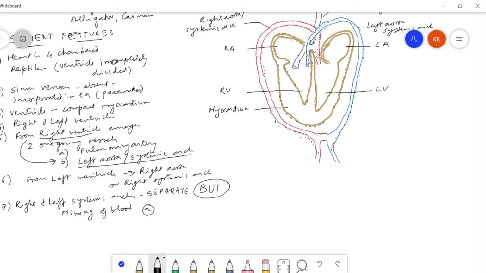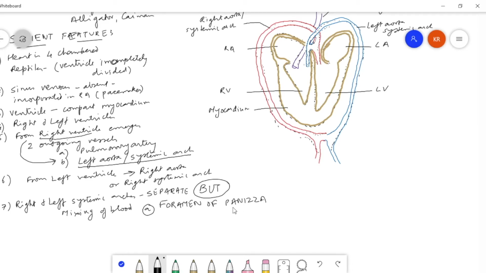At this point where the right systemic arch and the left systemic arch just emerge out, there is something called the foramen of Panizza.